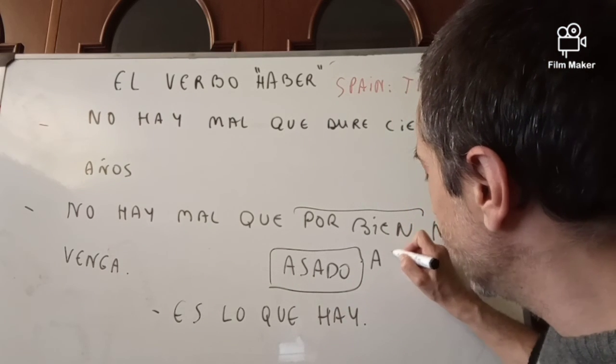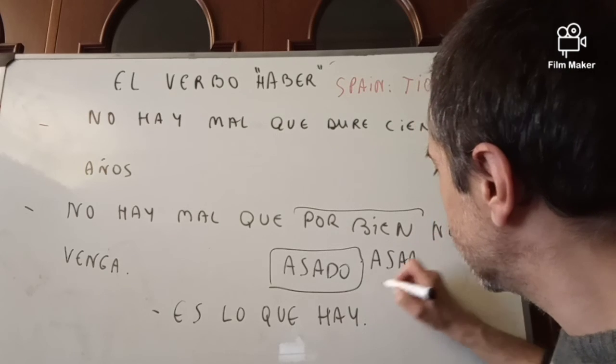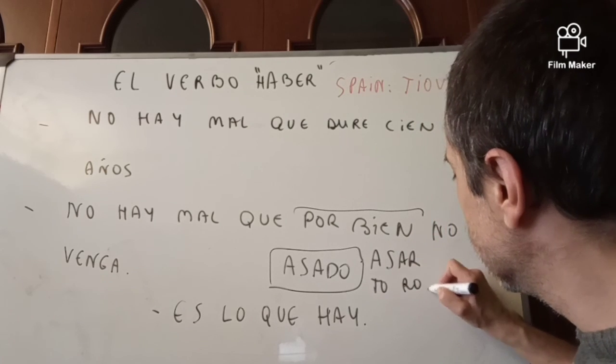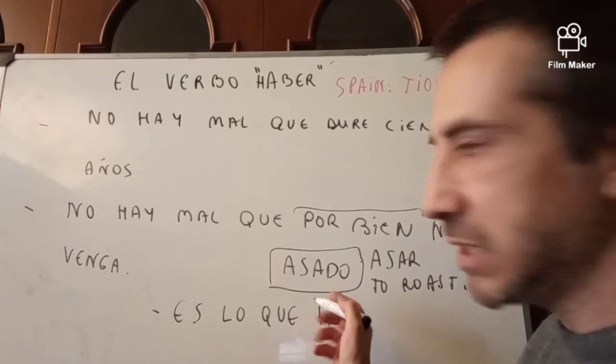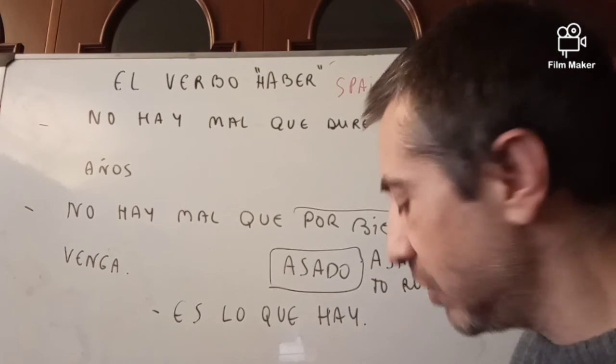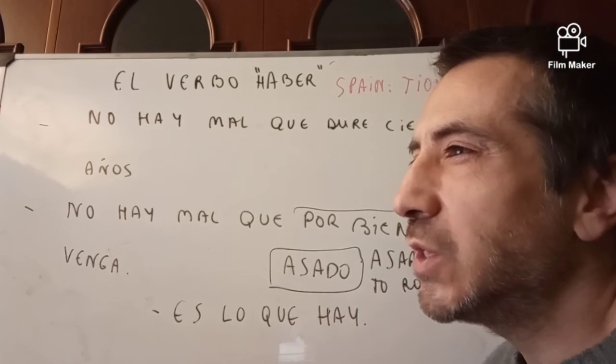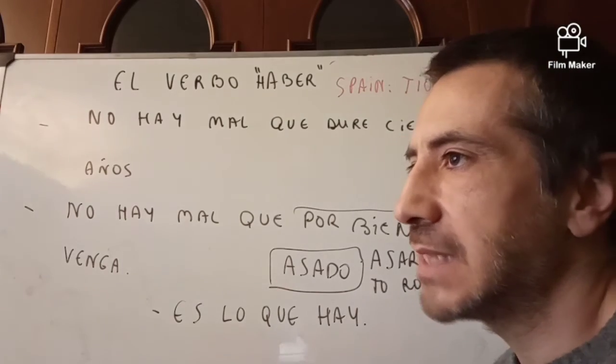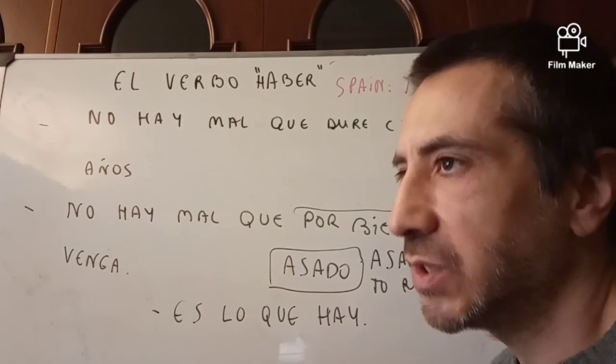Asado comes from the verb asar, that means to roast. I guess you've heard of this. This is very Argentinian. Asado. And we'd all like to eat asado instead of hot dogs.